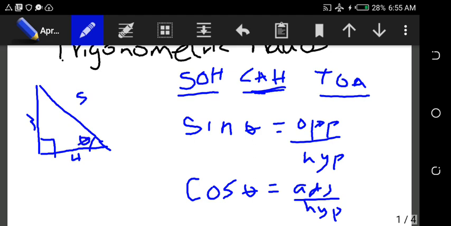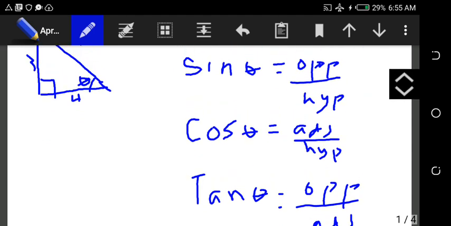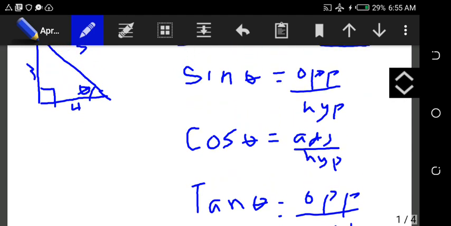Now, if we want to evaluate sine theta, what do we do? We simply apply the formulas that we already have for sine theta, cos theta, and tan theta.